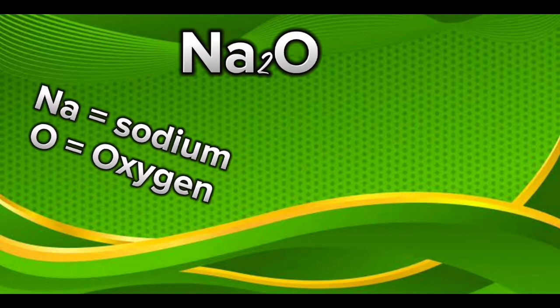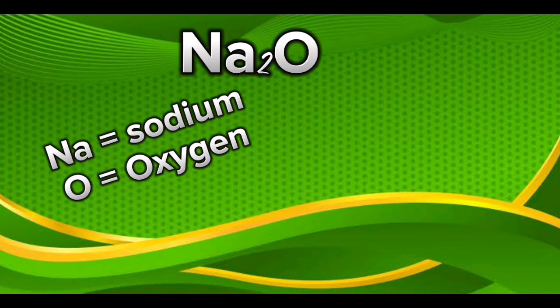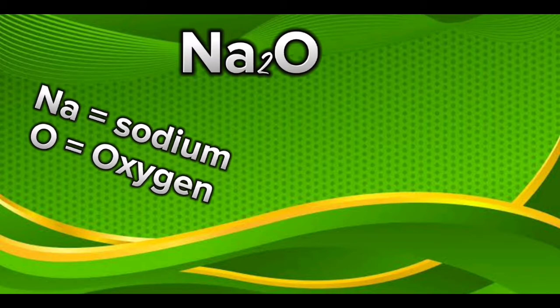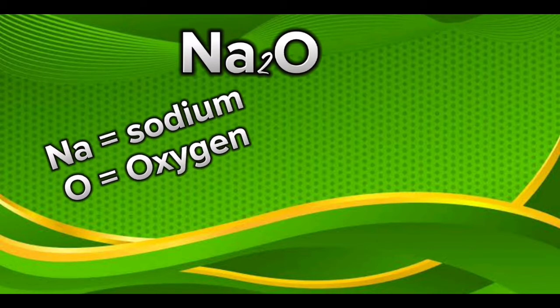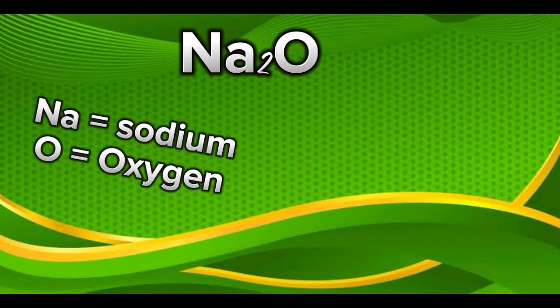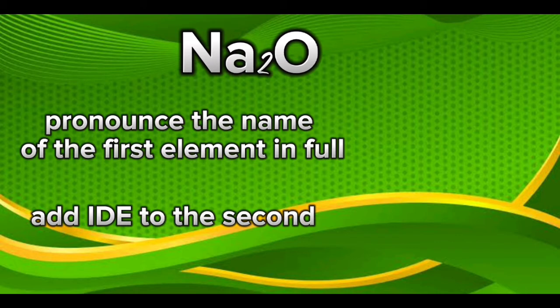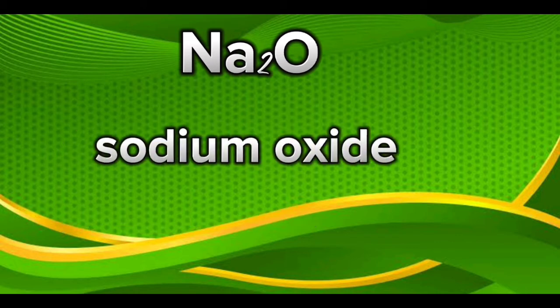Remember, this rule only applies if the compound formed is binary, that is, it is two lettered, that is Na and O. So the last element here is oxygen, so I'm going to shorten oxygen to oxide, and the first element here is sodium, so I'm going to pronounce the name in full and then I'll shorten that of the oxygen. So the name of this compound is sodium oxide.